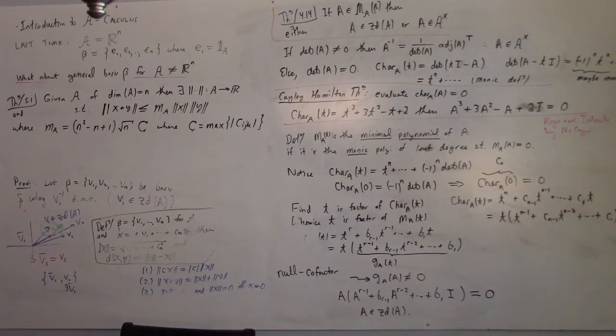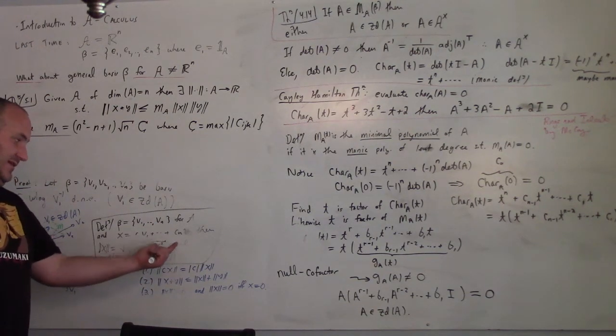So that's the norm. Given that, I'll just give you a thumbnail sketch of the theorem. Given the algebra, you pick a basis, so you can expand the elements of the algebra with respect to the basis. You define the norm by this rule down here.